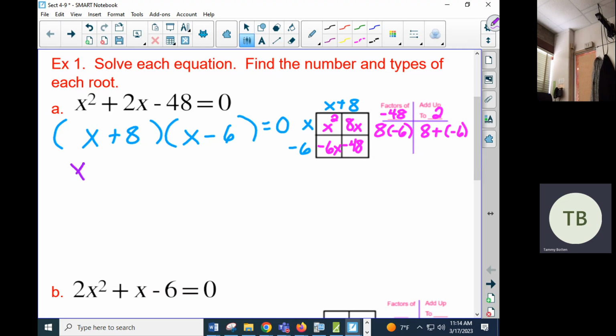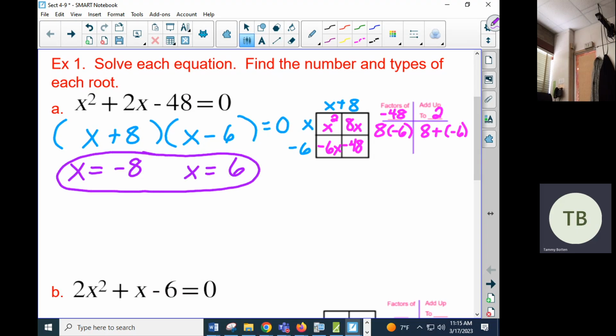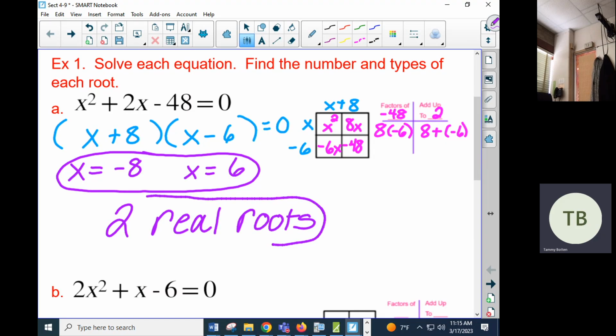So we would say x equals the opposite of this, which is negative 8, the opposite of this, which is a positive 6. So that's one answer. The other thing we have to do is say how many answers we got and what kind they are. If there are no i's, and you'll see later we will get stuff with i's in them. If there's no i's, they're real. So you would just say you got 2 real roots. And they're real because they don't have an i in them. If they have an i in them, they're imaginary. Okay.